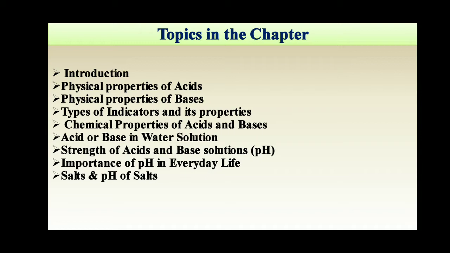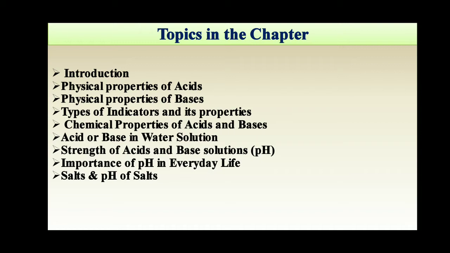After that I will explain the most important topic of the chapter, that is chemical properties. That means there are different types of chemical reactions of acids and bases. After that, the next topic: acids or bases in water solution, that is the liquid, soluble form of acids and bases.